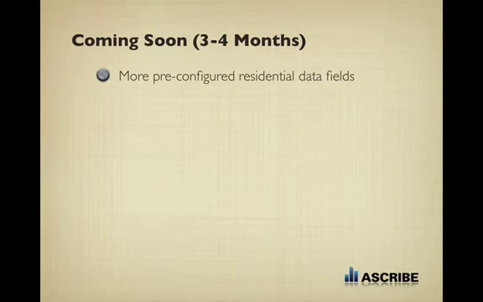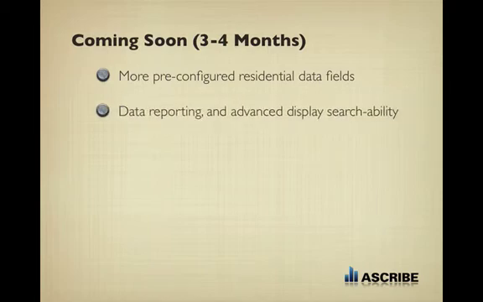So in the coming months here, 3 to 4 months, maybe even actually some of these things will be rolled out in a few weeks, you'll have more pre-configured residential data fields. So you can log in, and around this project you can have drop-down data, say this is the number of floors, this is the type of building, this is the number of bedrooms, and so on. So that feature is being rolled out soon.